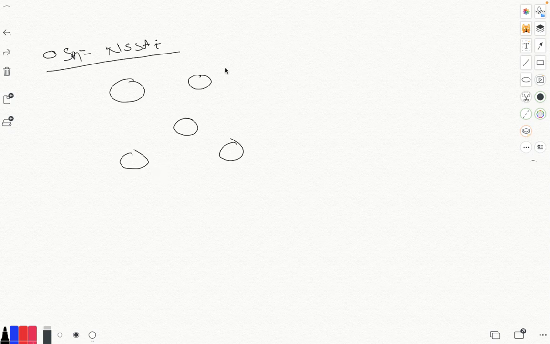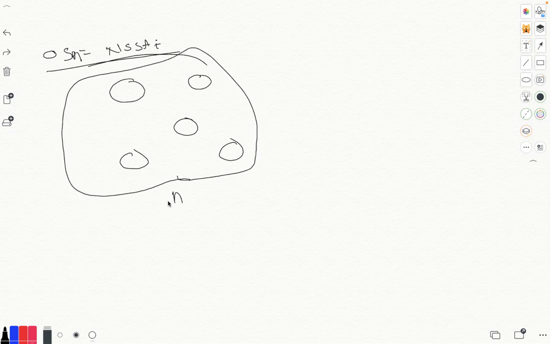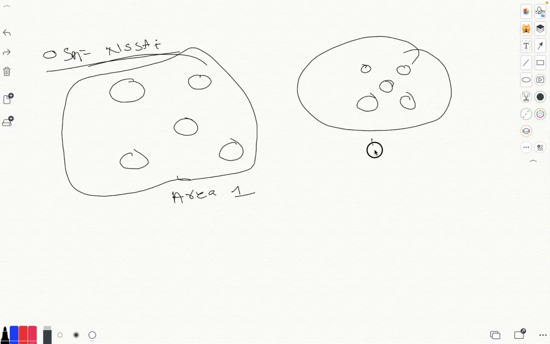These routers are in area 1, these are all in area 2, and these are all in area 0.